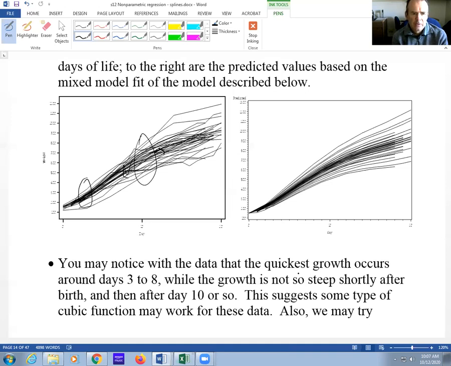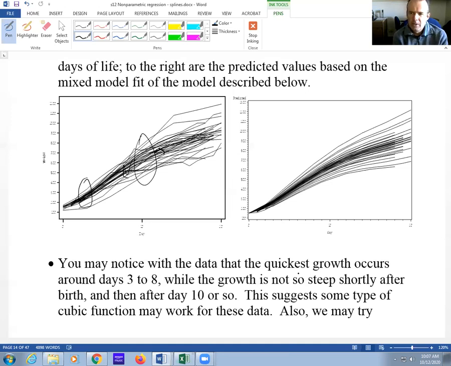You want to have enough terms but not too many. So it's kind of the same issue we face in trying to figure out the best number of predictors to include. So you definitely want to be cautious. You don't want to just throw too many in.